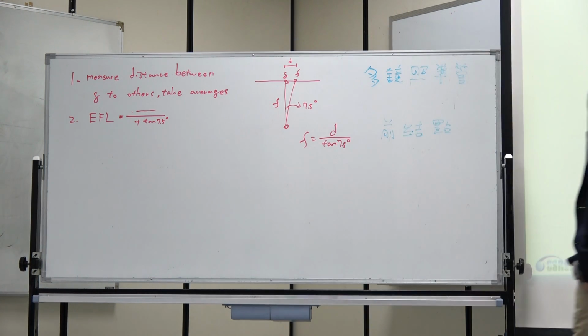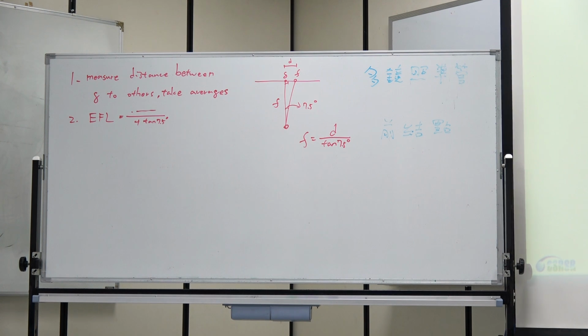After that, the second step is to calculate the EFL. As you can see, we use the 0.5 degree collimators to calculate that, and then you can get this EFL over here. Then we can use this EFL to calculate the ideal distance from the center to each of the collimators.